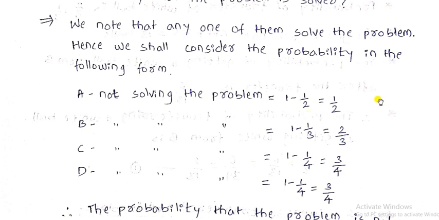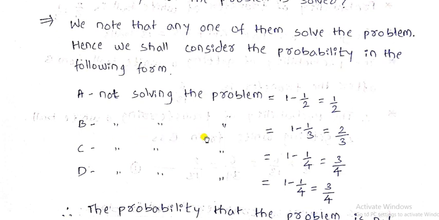Here we apply the property P plus Q equal to 1, or P equal to 1 minus Q, or Q equal to 1 minus P. So A has the possibility of solving the example as 1 by 2, so 1 minus 1 by 2 gives 1 by 2.